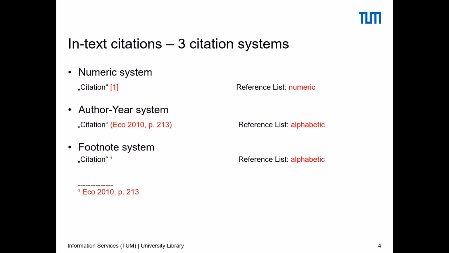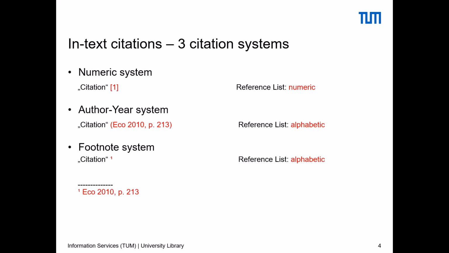The references in the reference list are then sorted by the number we used in the in-text citation. Then we have the author-year system, where we place the author's last name, the year of publication, and often also the number of the pages we cited in brackets behind the citation. We then sort the references in the reference list alphabetically.